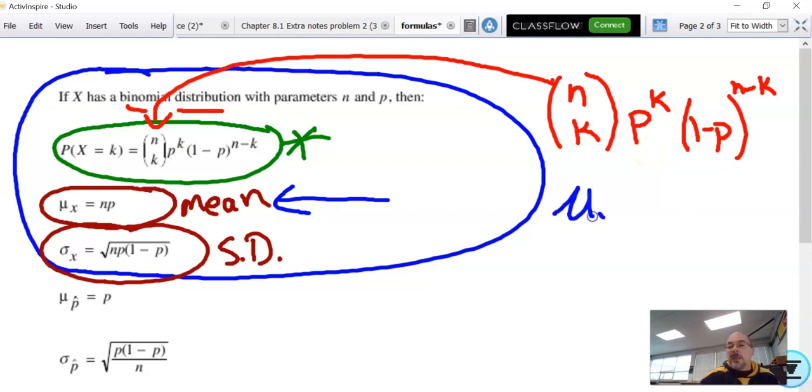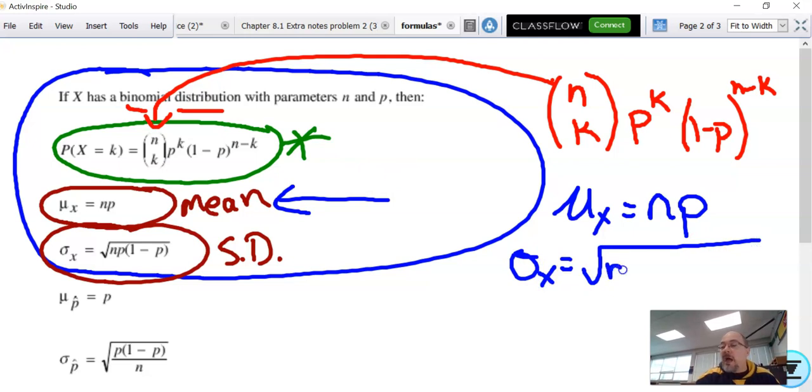The mean is simply the how many times the probability. Easy enough. All we have to do is multiply two numbers together. The standard deviation is going to be the square root of the how many times the probability times its complement. Well, that's easy. The binomial mean and the binomial standard deviation are one of the easiest things to find. You just have to remember how to use your formulas.